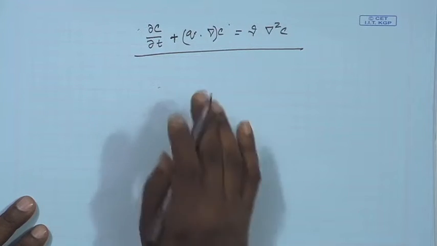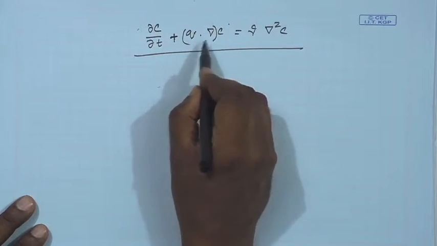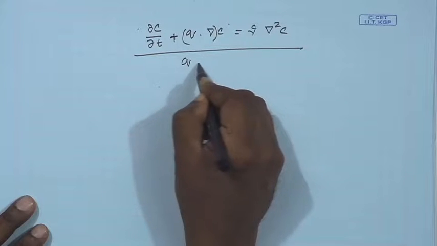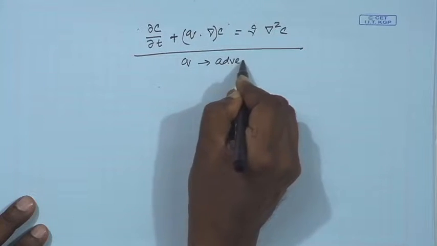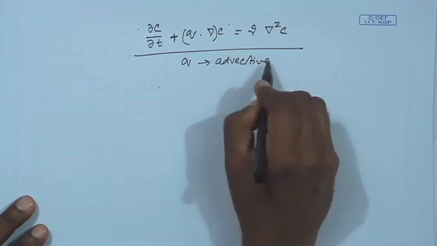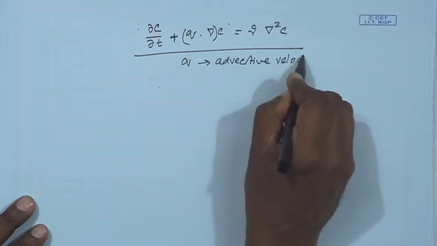For simplicity, q is the advective velocity, which is already known.